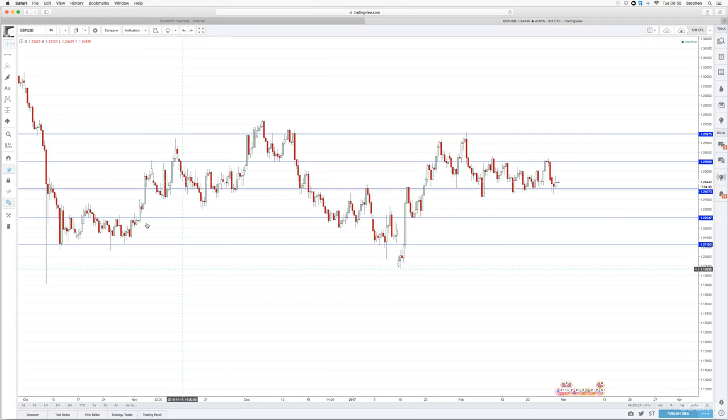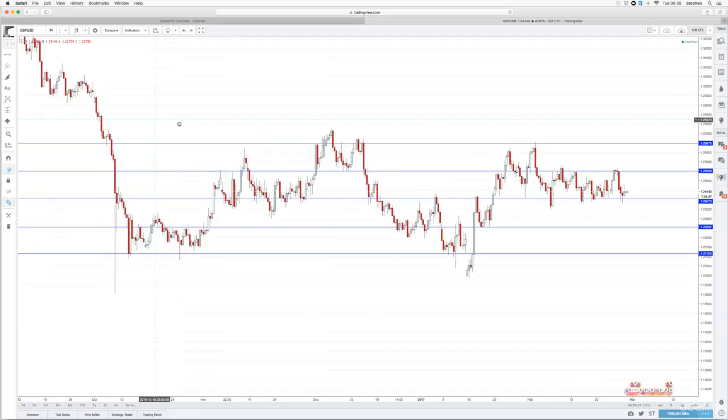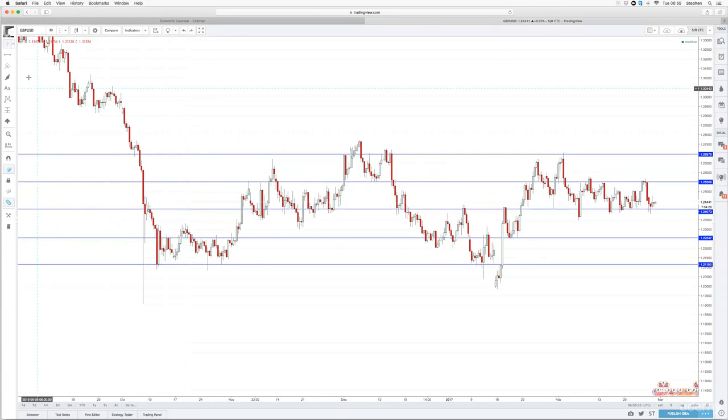Okay. So what we're going to do now is draw some lines. I'm going to roughly draw a range of about 15 pips either side of these lines. But before we do that, I just want to measure the distance between the two zones.